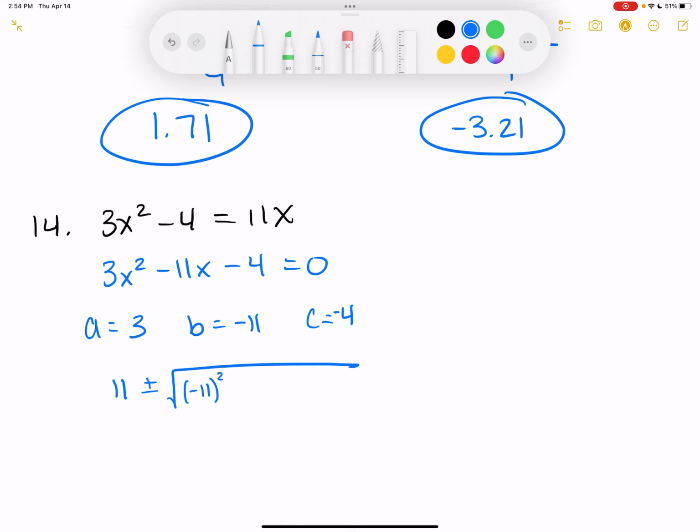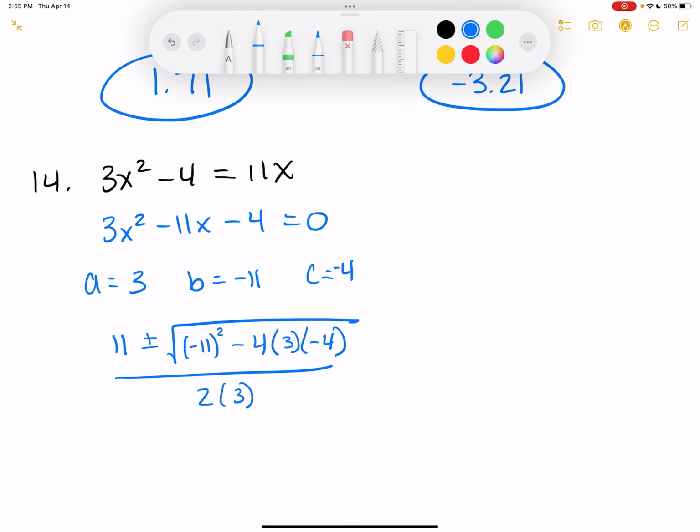It's getting squared, so obviously the negative's going away. I just want to make sure you're used to keeping the signs with stuff. Minus 4 times 3 times negative 4, over 2a, which is 6.